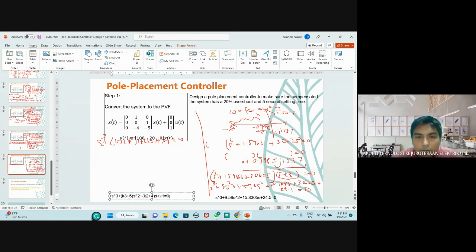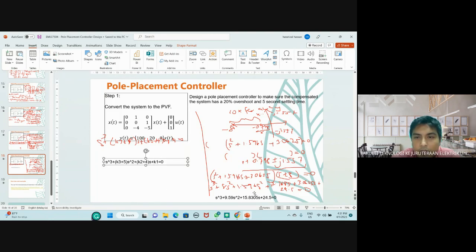So now, can you calculate what are your K1, K2, and K3 values from here? Can you help me to calculate the K1, K2, and K3 values?